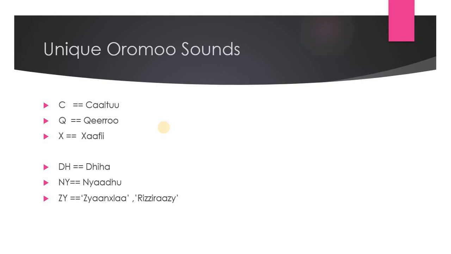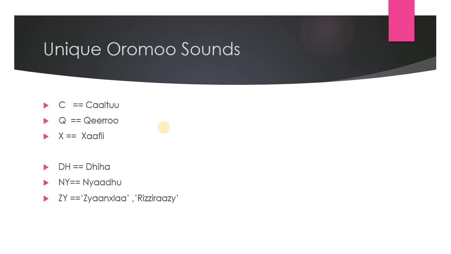Other than these three, all the single English alphabets are used in Oromo as having the same sound as they are. We will see some difference in vowel letters.